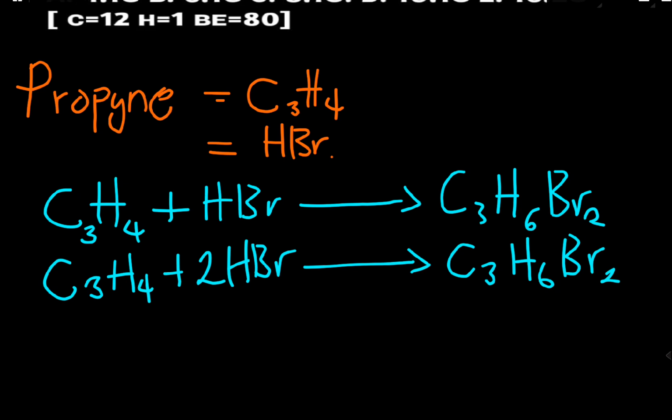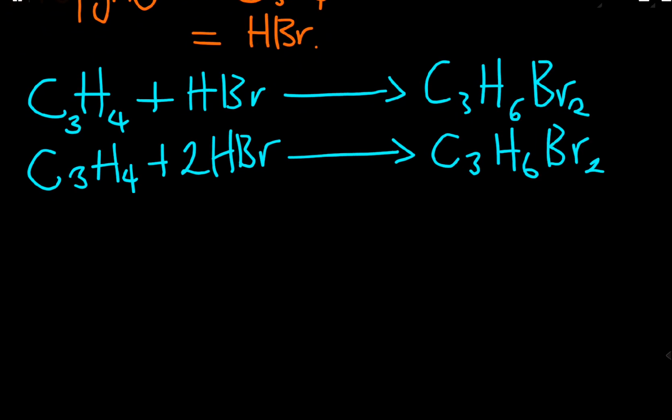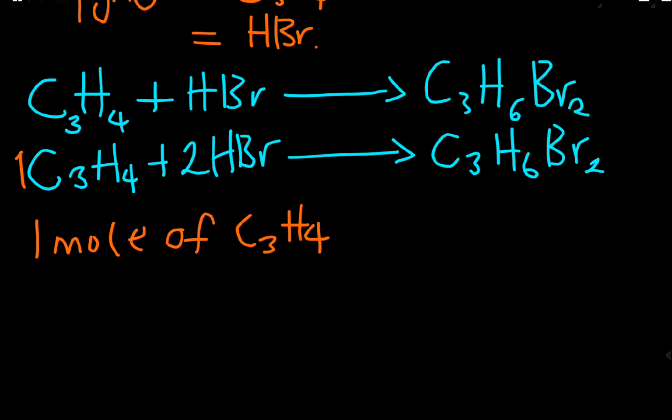The next thing we'll do is interpret our balanced chemical equation. And how do we do that? We have 1 mole of propyne, C3H4. How do I know that it's 1 mole of propyne? There's an invisible one here, so it's 1 mole of propyne.